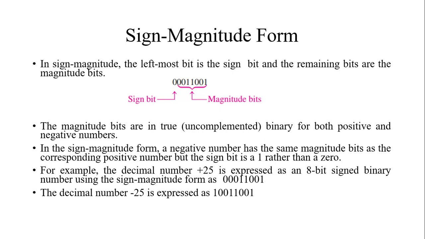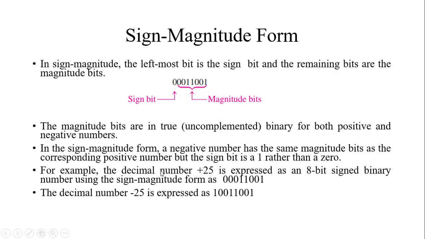If the sign bit is 1, then it is a negative number. The magnitude bits are in true uncomplemented binary for both positive and negative numbers. In the signed magnitude form, a negative number has the same magnitude bits as the corresponding positive number, but the sign bit is 1 rather than 0. The magnitude bits remain the same as in the positive signed number.